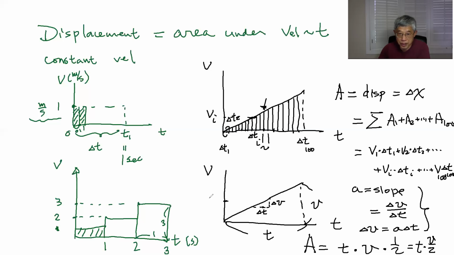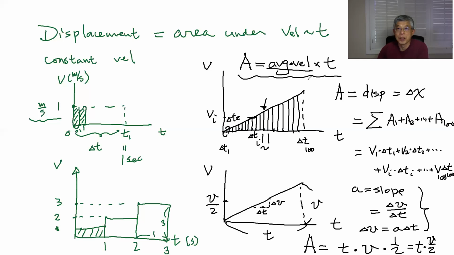So the area is equal to the average velocity times T. That is your formula for the displacement, your delta x also. So delta x is equal to average velocity times T, and that is the area.